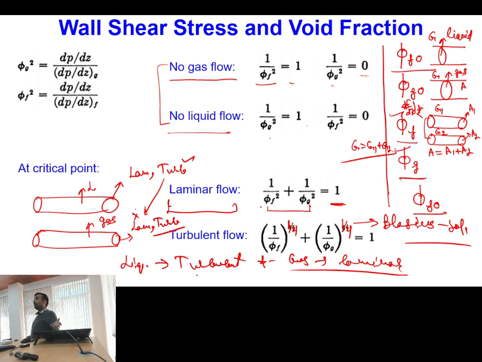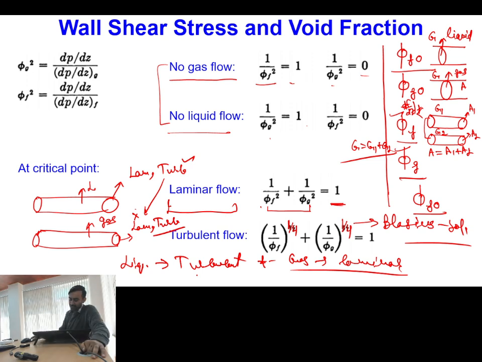Because if liquid is turbulent, of course, liquid has viscosity 1 or 2 orders higher than the viscosity of the gas. So if the liquid Reynolds number is high, leading to the turbulent flow situation, there are very rare chances that your gas flow will be laminar.